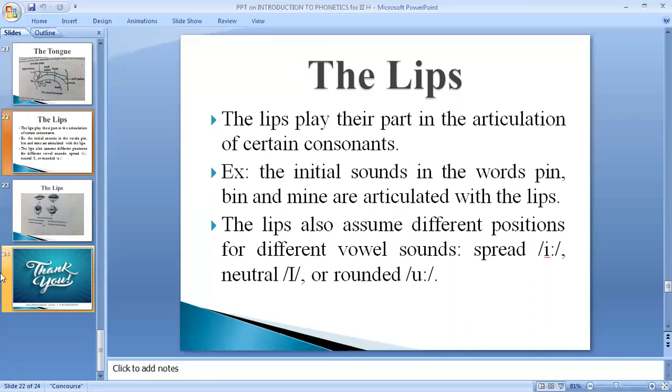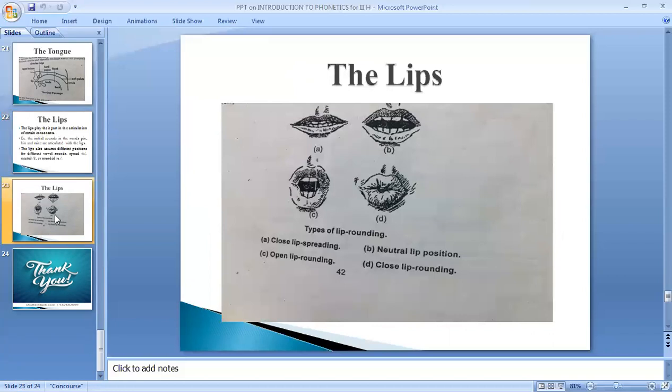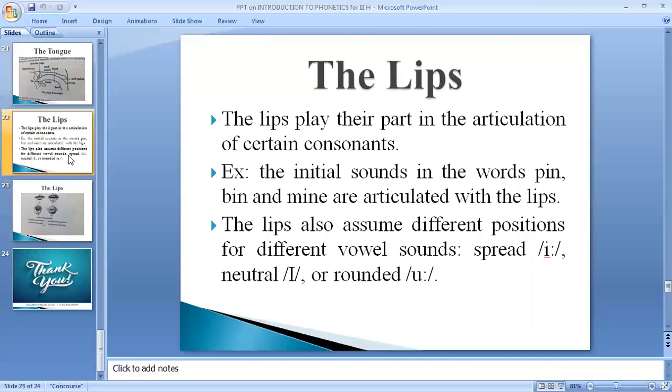For example, look at the picture about lips: spreading, close lip spreading, neutral lip position, open lip rounding, close lip rounding. For E, the lips will be spread. For the neutral sound, the lips will be neutral. And for the O sound, the lips will be rounded.